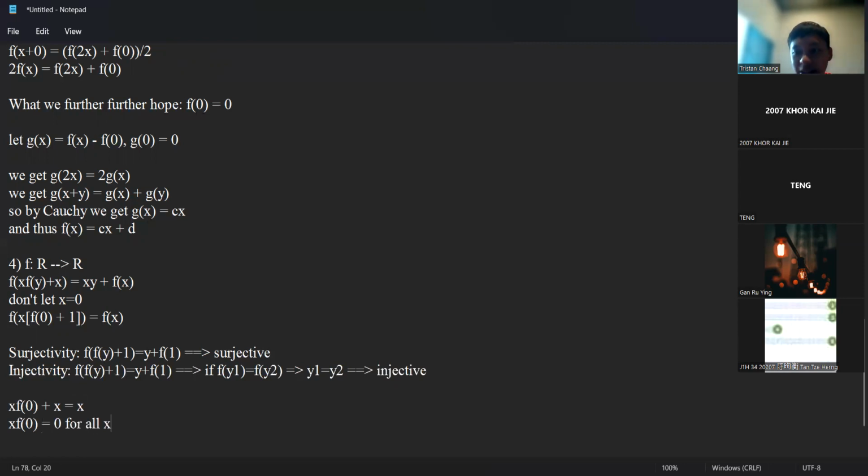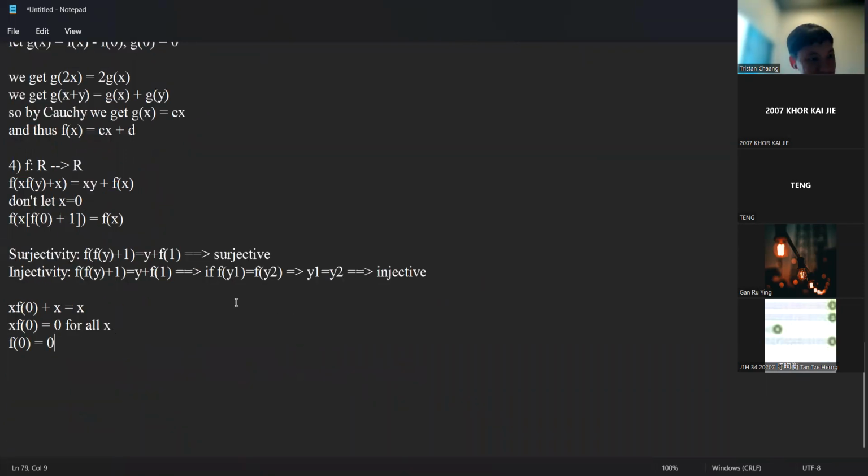So simply let x equals 1, then we get f(0) is 0. So now we have f(0) is 0. We should never let y equals 0 again, because that's all it tells us. Okay. What can we do next?